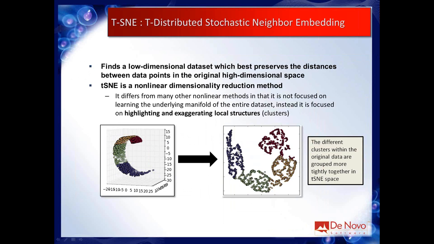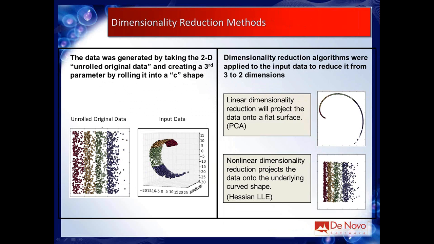So the reason it's useful for our purposes, flow cytometry data, is because we're not really interested in necessarily learning the overall underlying structure. We're interested in finding clusters of data. So tSNE does a good job of that. It takes these sections of data that are clustered together and exaggerates this by pushing them closer together.